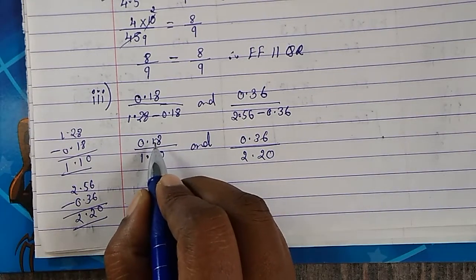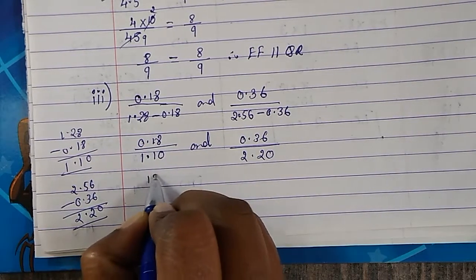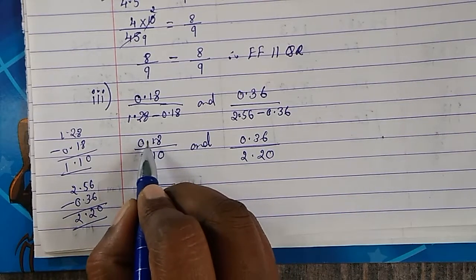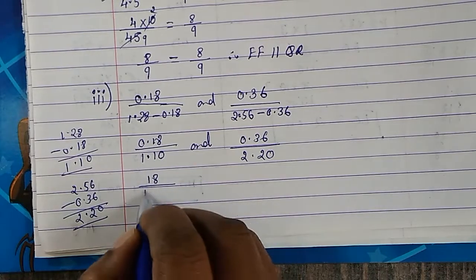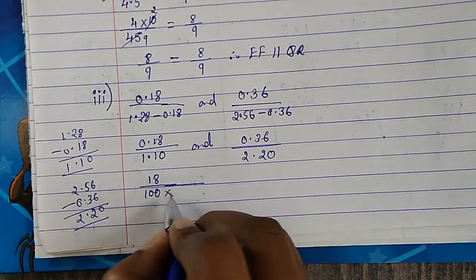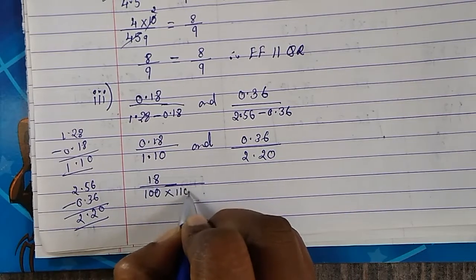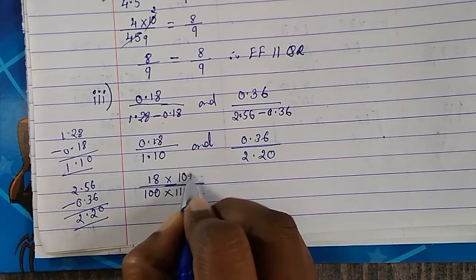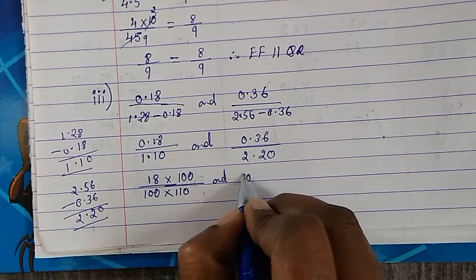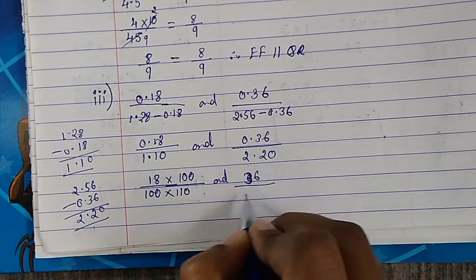So now this is, if we remove the decimal, then we'll get 18 upon 100, because these are 2 digits. So when you remove the decimal, 20 we have to add, so 100 will come. Then if you are removing this, then 110 upon 100. Same way here we have to remove, then 36 upon 100.